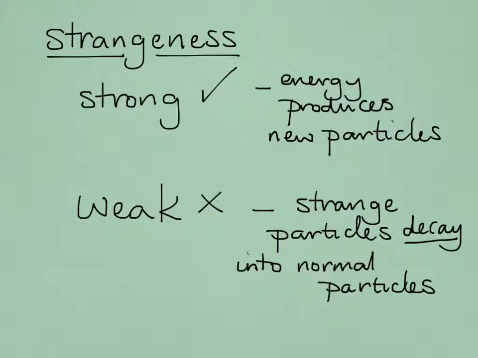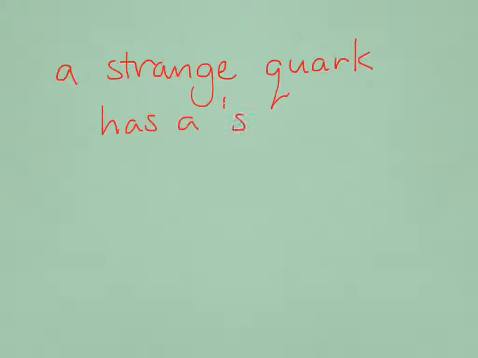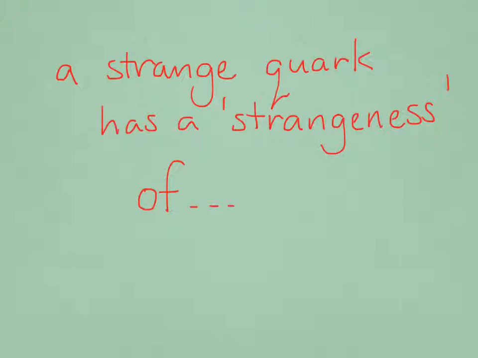It can just disappear. Okay? And just to be a little bit awkward, a strange quark has a strangeness of, wait for it, -1, not 1. But in your formula sheets, you'll see the strangeness of all the particles is listed in a table.